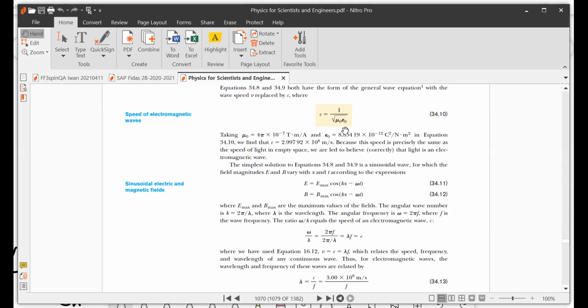There is nothing in there. This c here is 1 over square root of mu 0 epsilon 0, where mu 0 is the magnetic permeability, while epsilon 0 is the electric permittivity in vacuum. Is there any question?